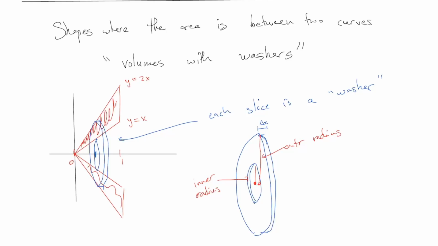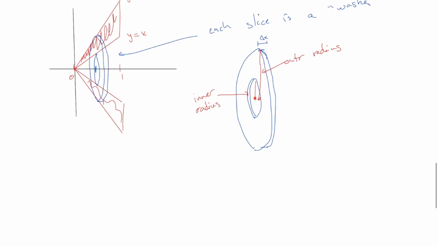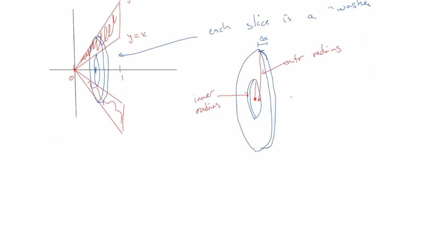The volume of the whole thing would be pi r squared times the thickness, where r is the outer radius. But then I want to subtract off the volume of the hole, which would be pi r squared times the thickness, where r is the inner radius. So the volume here will be pi times outer squared times the thickness, minus pi times inner squared times the thickness.